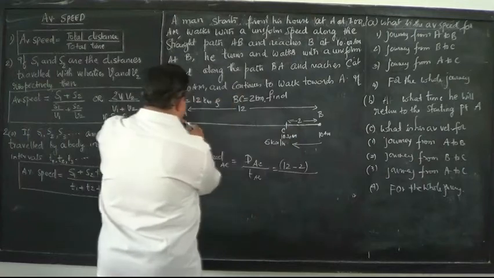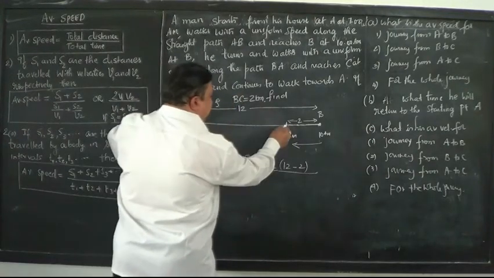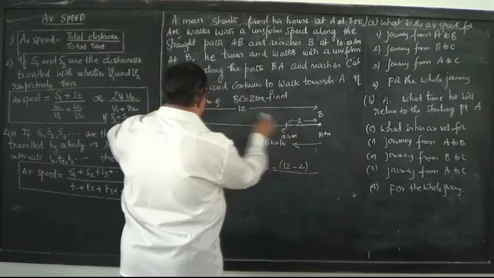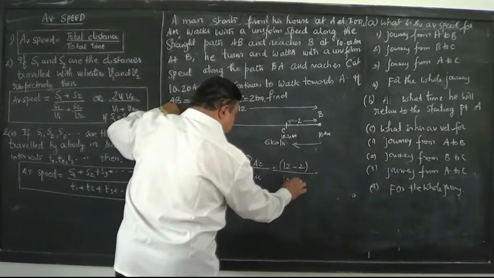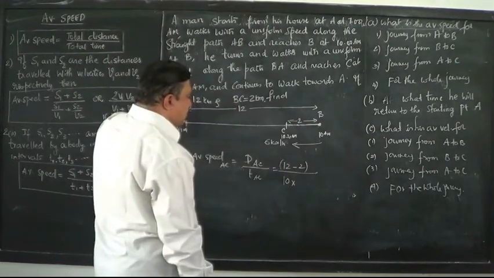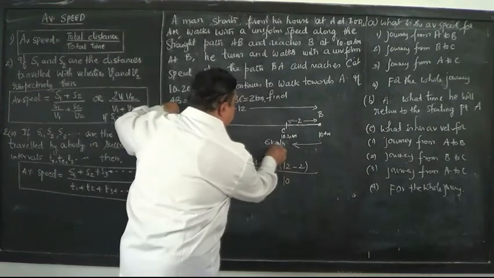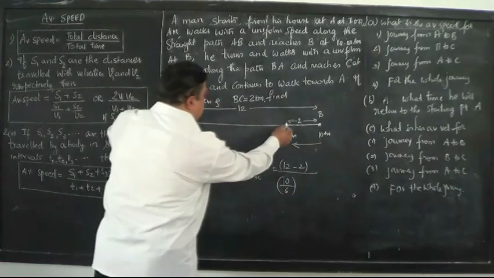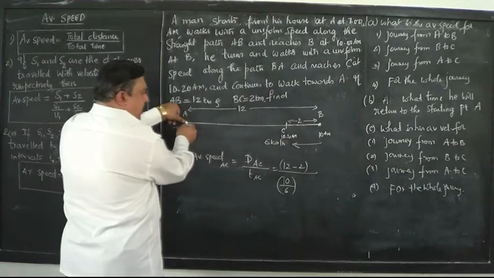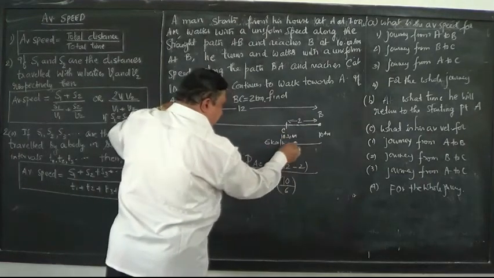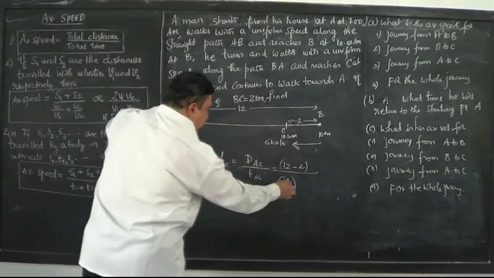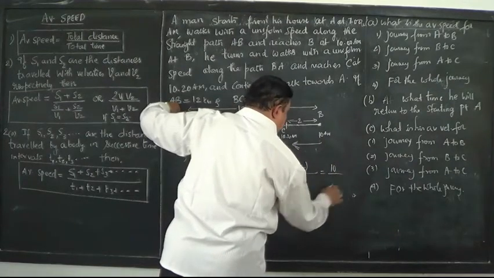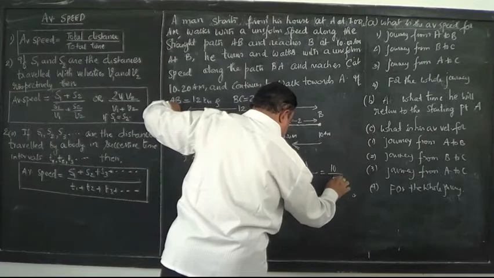He has to walk another 10 kilometers, because he has already covered 2 kilometers till he reaches the point C, and from C to A he has to walk 10 kilometers. He is walking at a speed of 6 kilometers per hour. So obviously how much time does he take? Distance by speed gives time. So this is 10 over 10 by 6, that is 5 by 3.